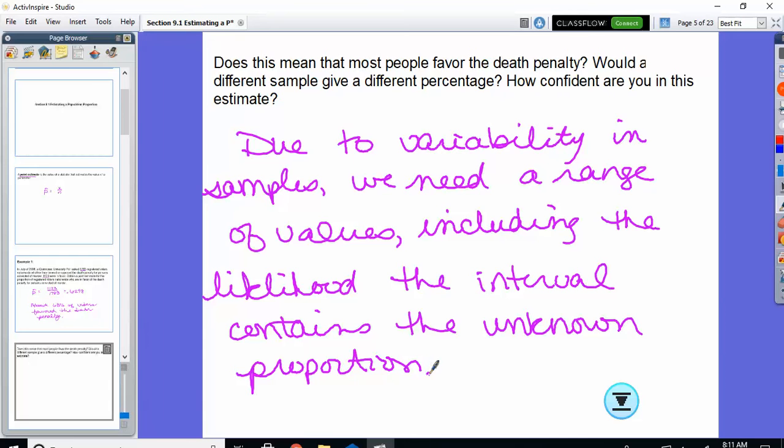Nothing is ever guaranteed. I will never be able to say with 100% certainty it falls between 40 and 60%. We aren't going to be able to do that. But I might be able to say, okay, I am 95% confident it falls between 55 and 65%. So we will give a range of values, and with that we will have our confidence interval, with our confidence level, how confident we are.